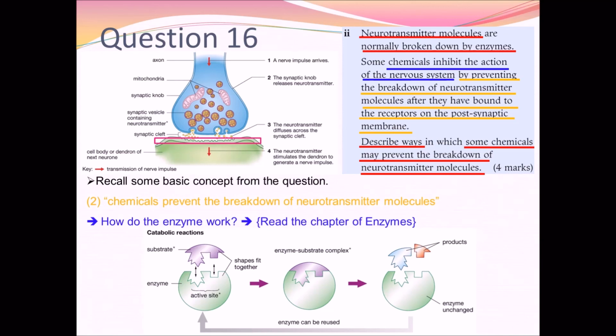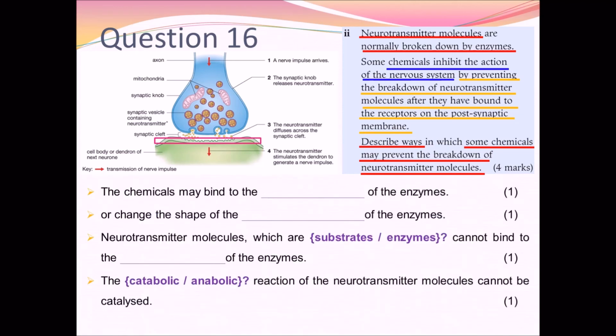So how do the chemicals do so? Let's take a look at this paragraph to construct your answer. I give you some blanks to fill in and also some wordings to choose. The chemicals may bind to a certain area of the enzyme, or the chemicals may change the shape of a certain area of the enzyme.